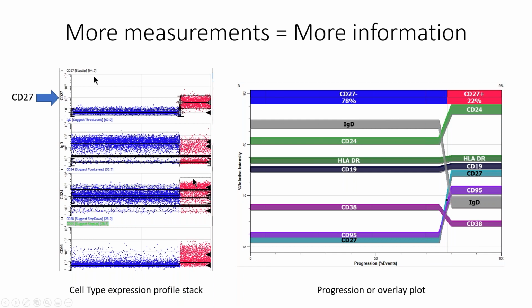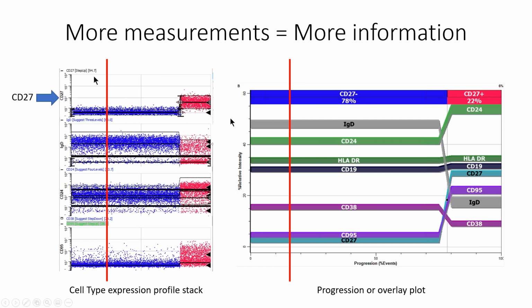In a cell type, the expression profiles are stacked, and each event will be evaluated and assigned a position. Every event in the sample file is accounted for. If I drew a line down the stack, we can see that the same event would be in the same position in each one of these expression profiles because all of these markers are correlated.